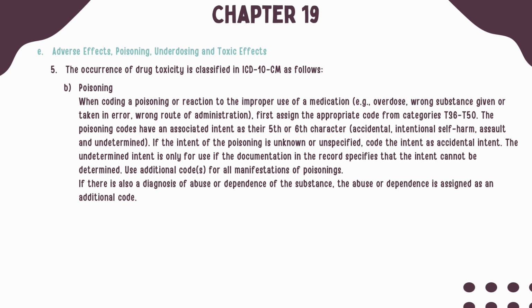The undetermined intent should only be used if the documentation in the record specifies that the intent cannot be determined. If any manifestations are present of the poisoning, those should be coded as well. If there is documentation of abuse or dependence of the substance, then the abuse or dependence should also be assigned.